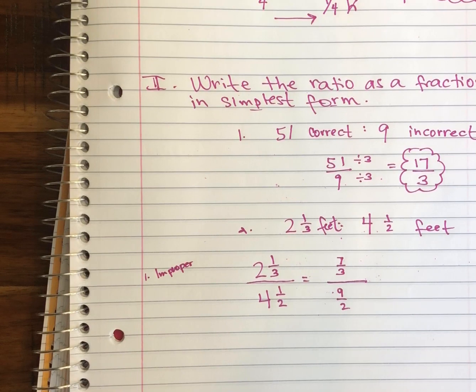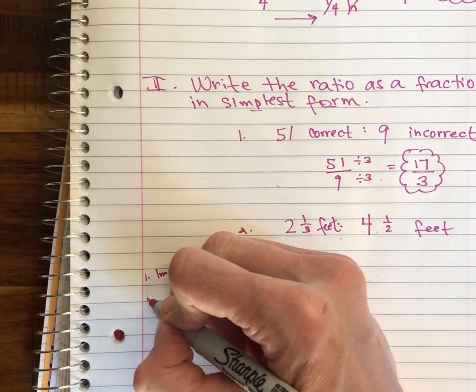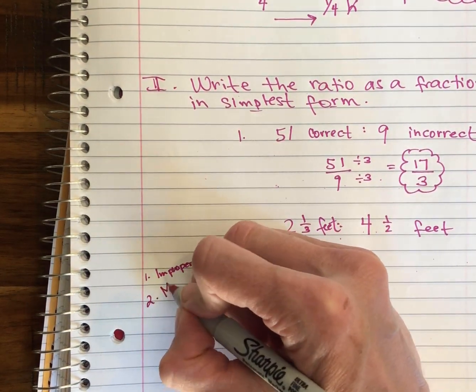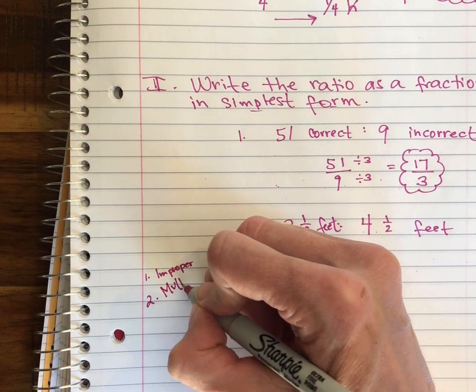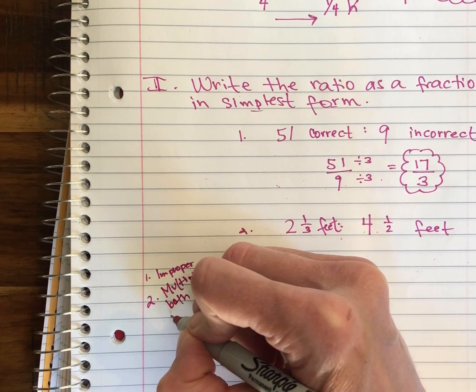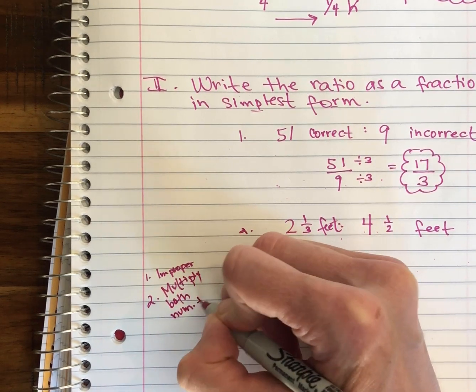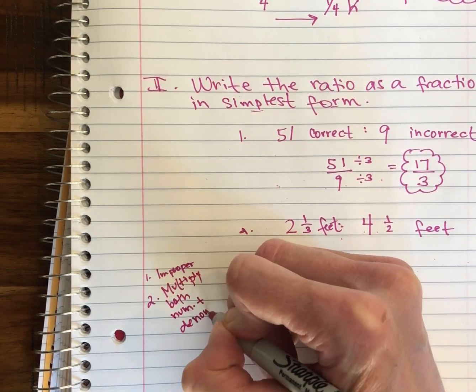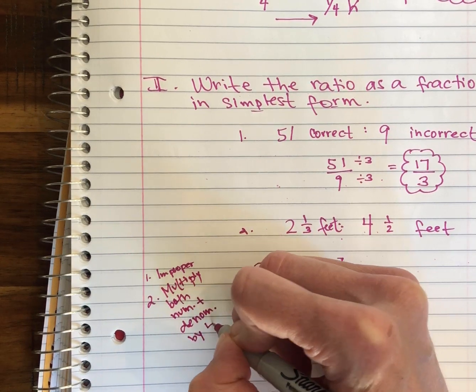So from there, you are going to multiply both the numerator and the denominator by the LCM.